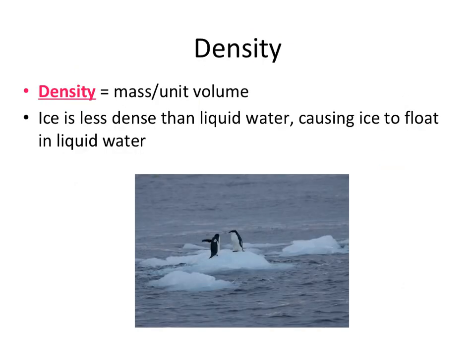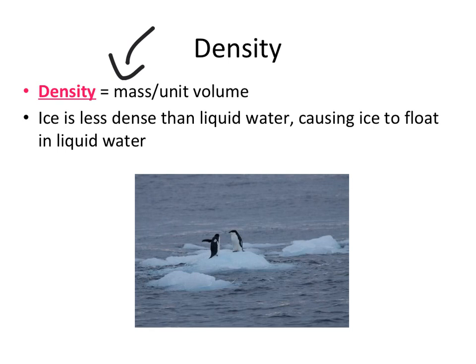Okay. So a second, kind of similar property is that water has a very unique property when it comes to its density. For those of you who don't remember, density is just a unit of mass per unit volume. So the more mass you have in a certain area, the more dense you are.